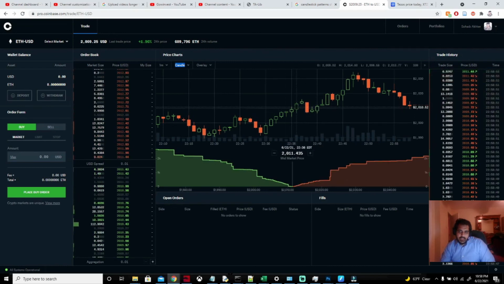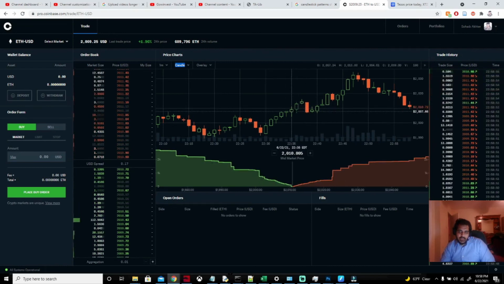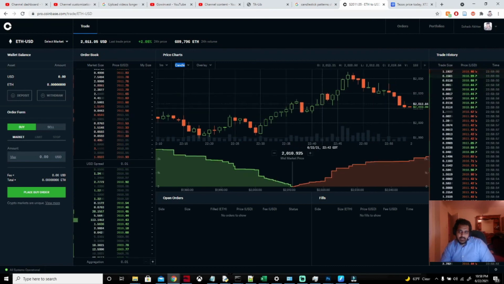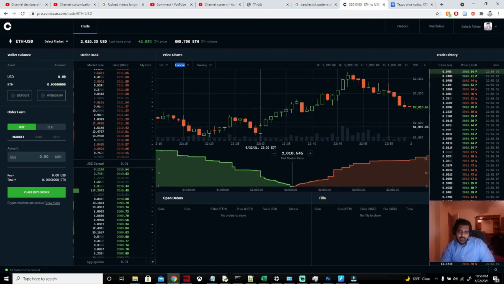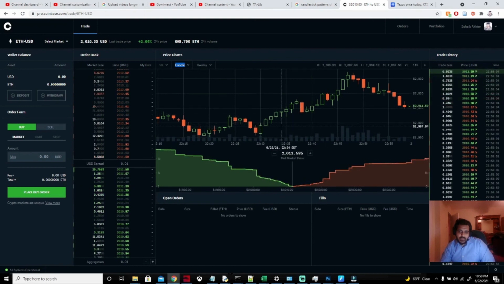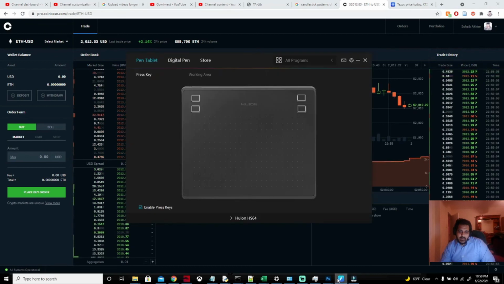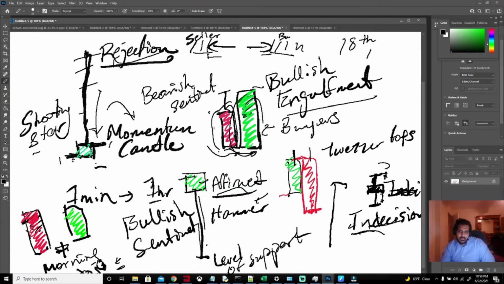Even though, see here, this would be an evening star, which would indicate a downtrend, it quickly turns back into an uptrend. So personally, I don't use it a lot, but it's good to understand what a candle is and how it can be used in conjunction with other candles to build a pattern.